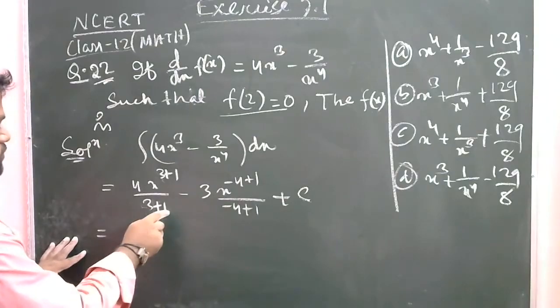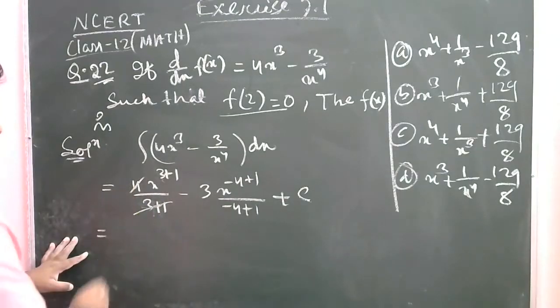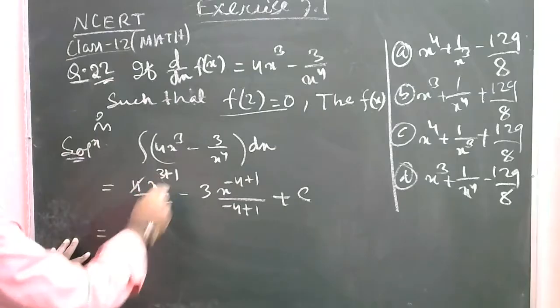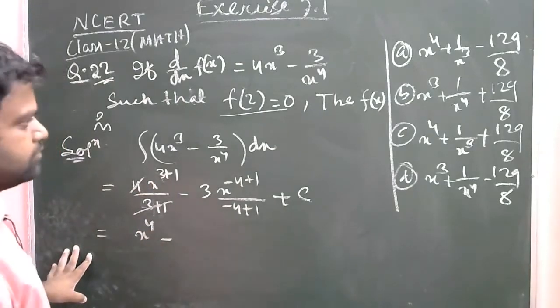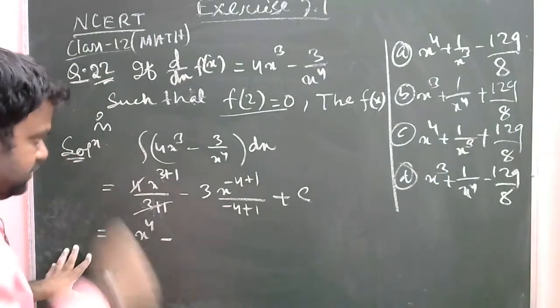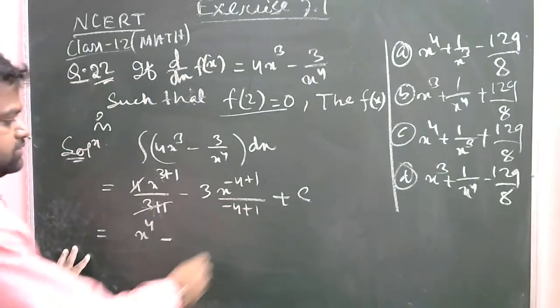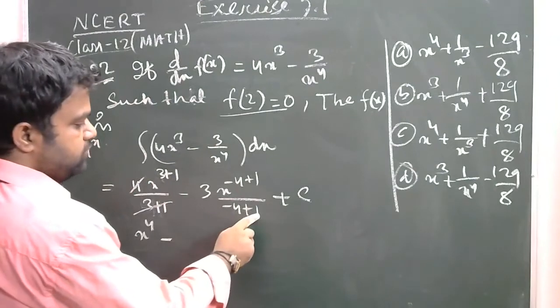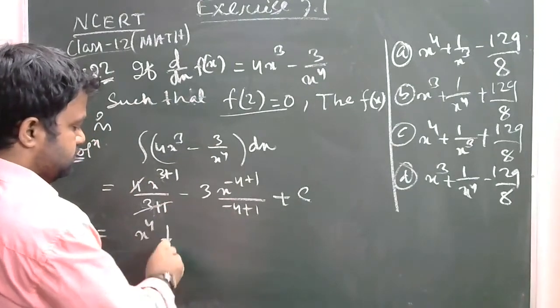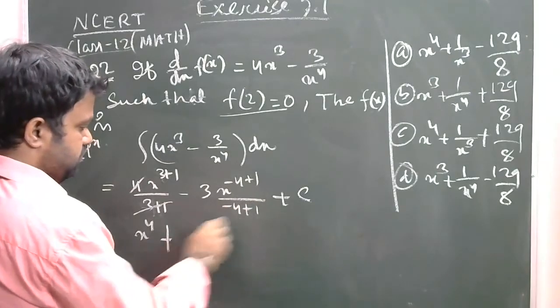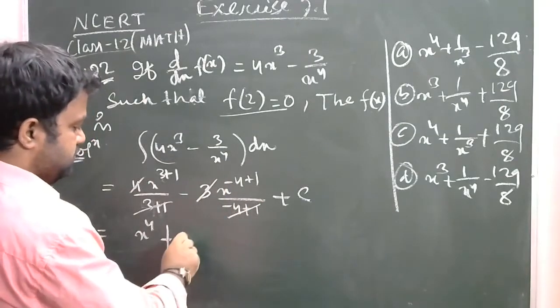Now 3 plus 1, 4 cancelled. So x to the power 3 plus 1, that is x⁴, minus 3 into x to the power minus 4 plus 1, that is minus 3. So minus and minus make plus, and 3 cancelled.